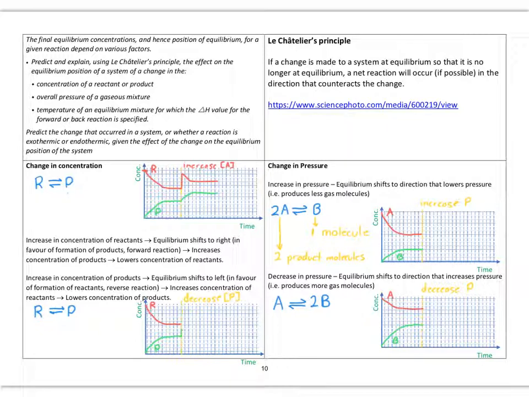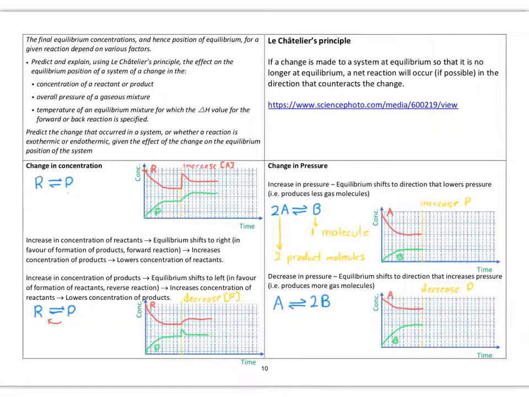So this will drop down like such. Obviously, if you decrease the amount of products, you're favouring the reverse reaction. So we've got products being forced back to reactants. So we're going to get more reactants formed. So we would see a change like that.